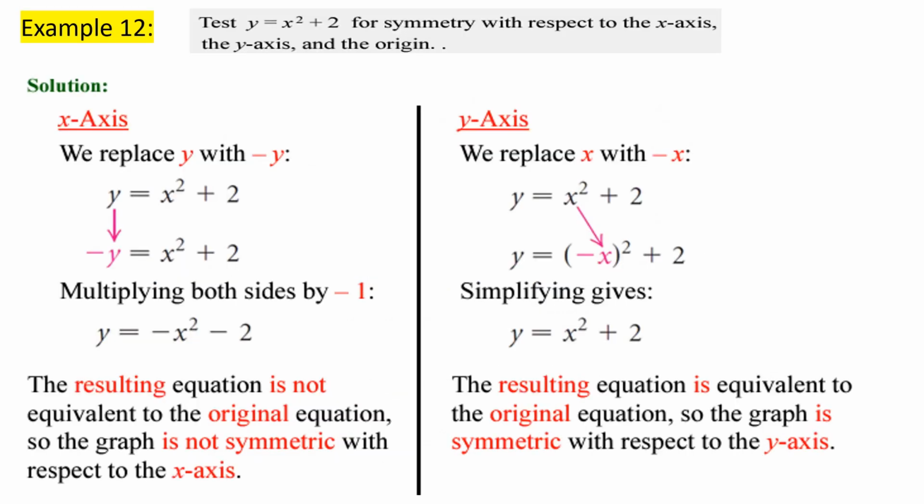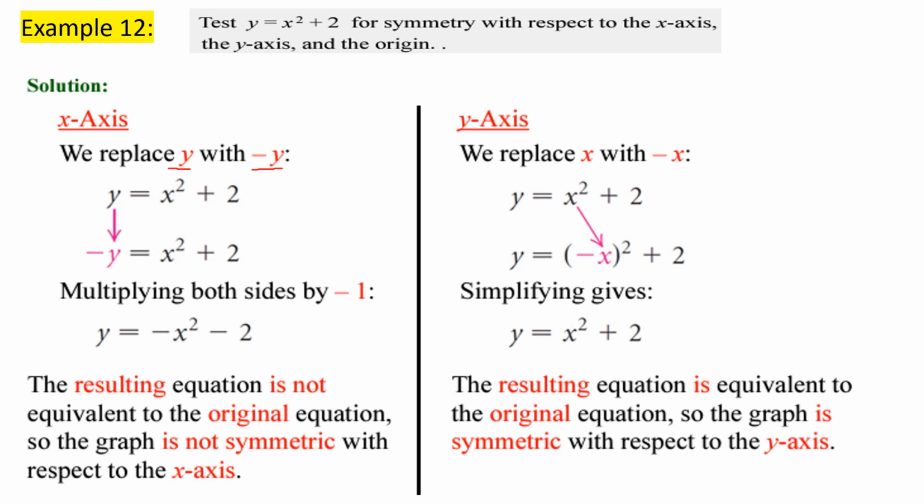The question: test y equals x squared plus 2 for its symmetry with respect to the x-axis, y-axis, and the origin. So for testing symmetry for the x-axis, we have to replace y by minus y.